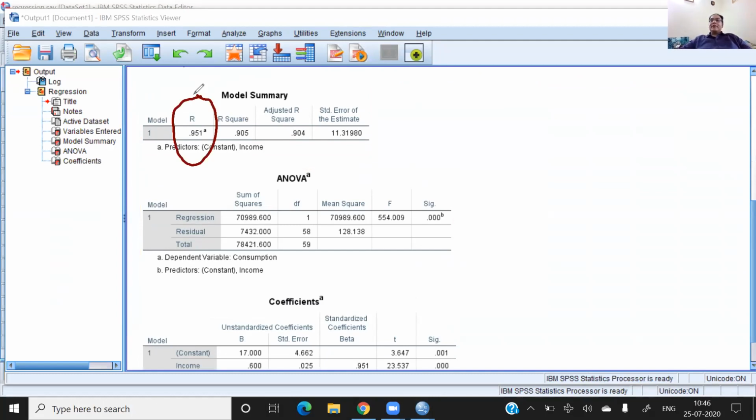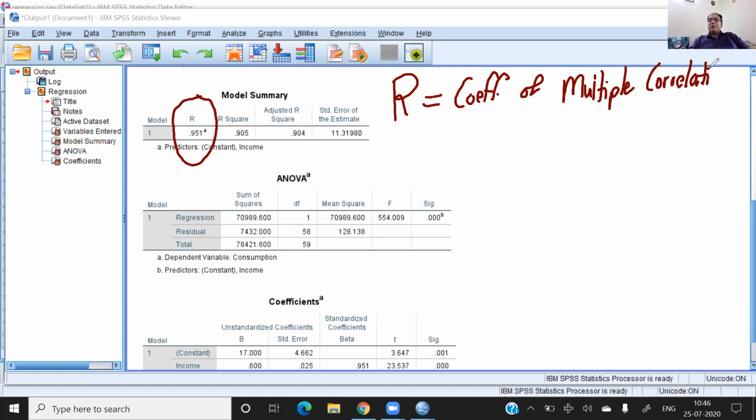Now I have to find out what this capital R is. This capital R is known as the coefficient of multiple correlation.